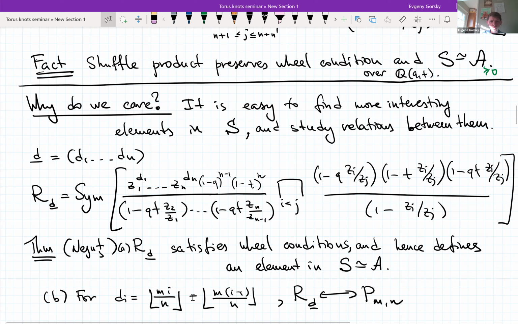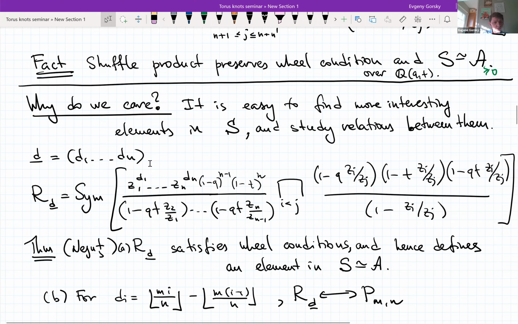But somehow the whole point of this discussion is that there are many more R_d's than just P_mn's. We can vary these exponents d1 through dn arbitrarily, and they define lots of interesting elements of S. And we can study commutation relations between those, which in particular would include commutation relations between P_mn's.